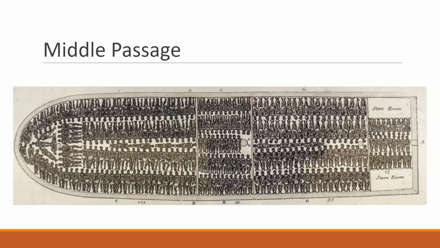If a slave became ill, he was simply thrown overboard. They did not want the slave to infect the others. They wanted as many slaves to survive as possible because at the end of the day, this was all about making money.